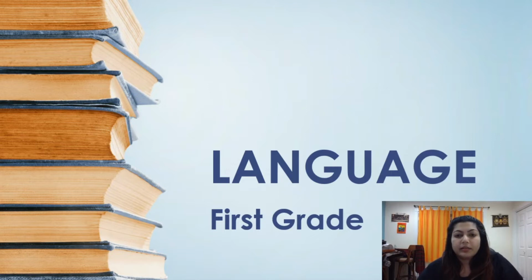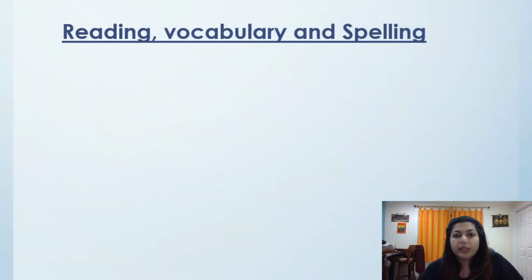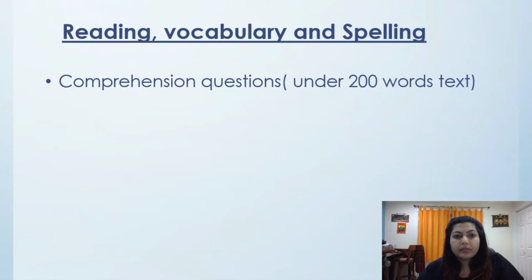So with that, our first topic will be reading, vocabulary and spelling. And our subtopic is comprehension questions to start with. The text size will be under 200 words, and they will be asked direct questions which they are expected to write in their own words, which mostly doesn't happen, but you can start with just finding the text.